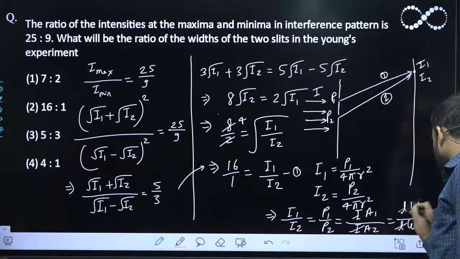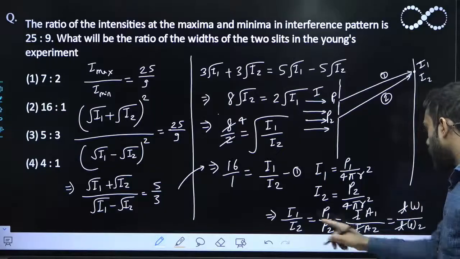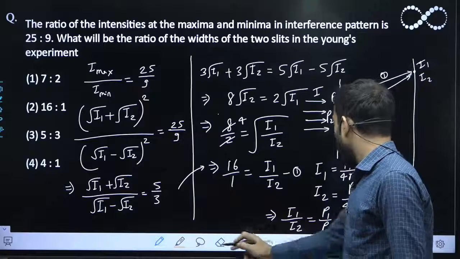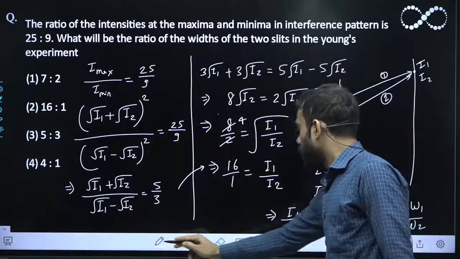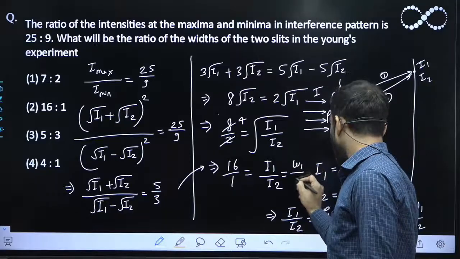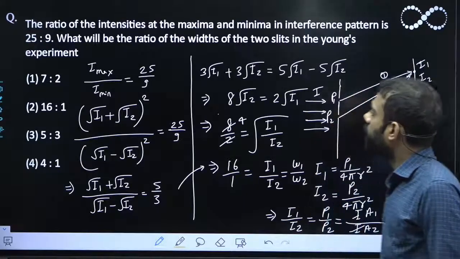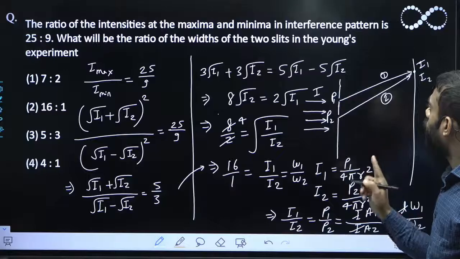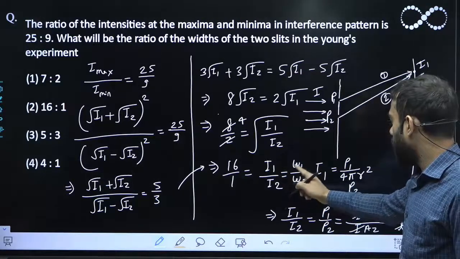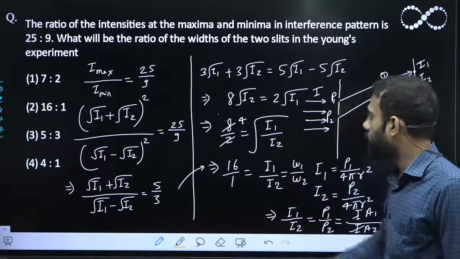So these two will once again get cancelled out, and we'll get I1 upon I2 is equal to W1 upon W2. This is what the question is asking: what will be the ratio of the width of the two slits in the double slit experiment. So the ratio of intensity will be the same as the ratio of the width here.